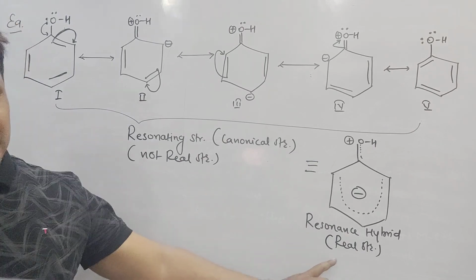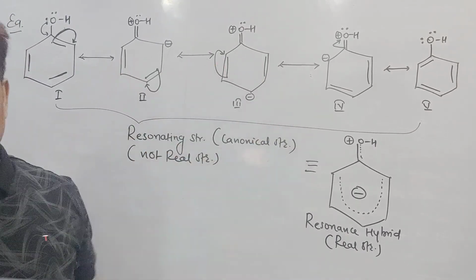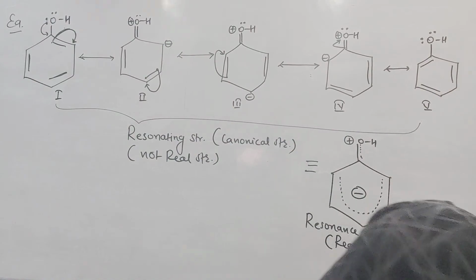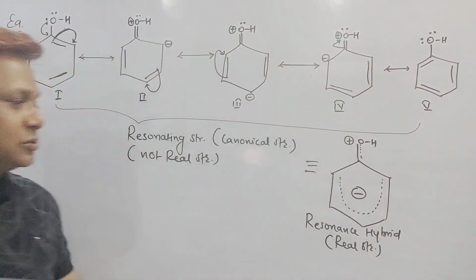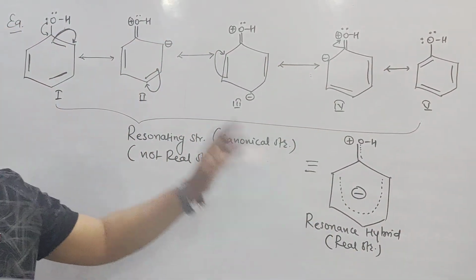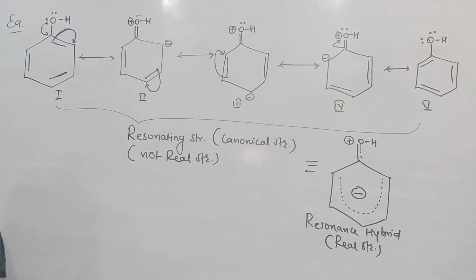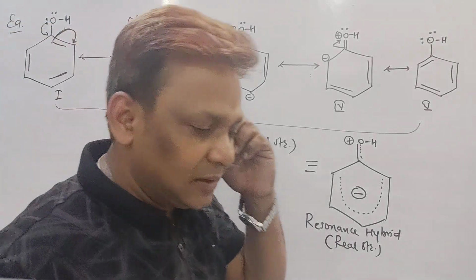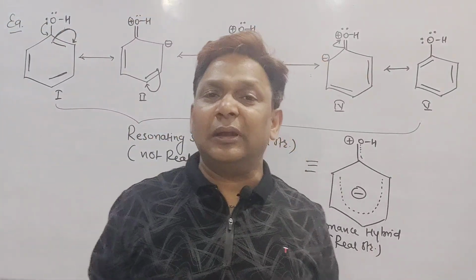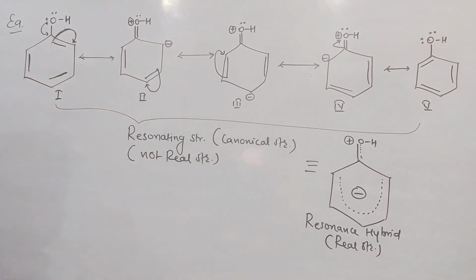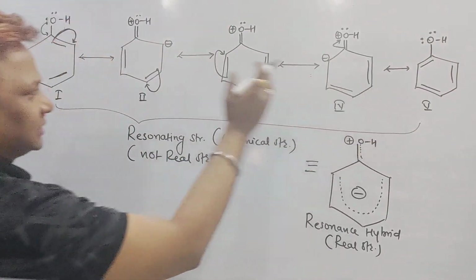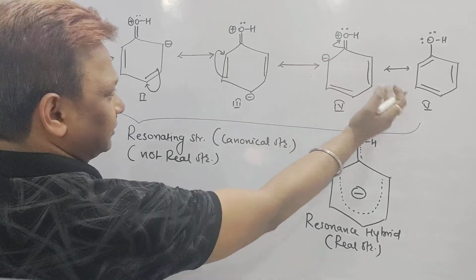The real structure of all these conjugated compounds, like the benzene ring having double bonds that we saw, is a hybrid of all the resonance structures, and that phenomenon is known as resonance. We can call it mesomerism, or we can call it delocalization. This is called resonance to each other. This is called mesomerism to each other.